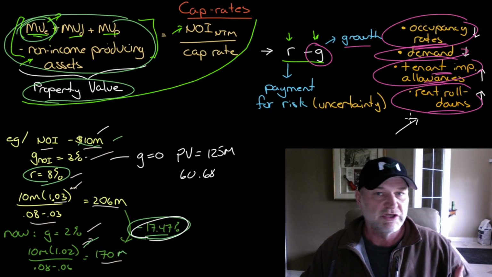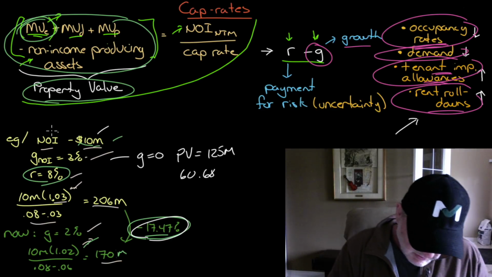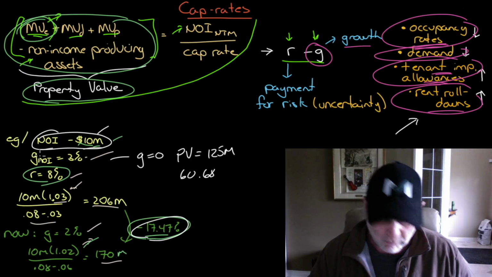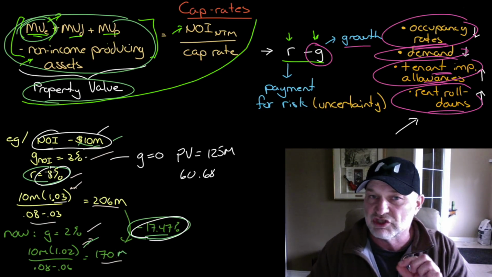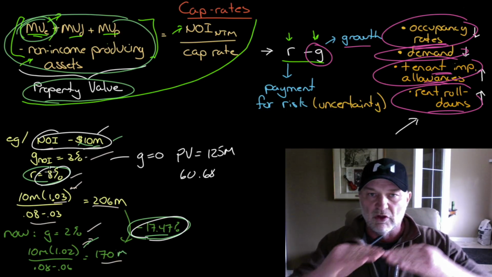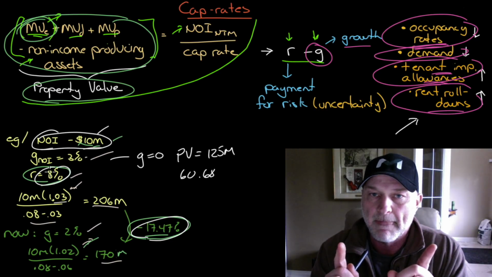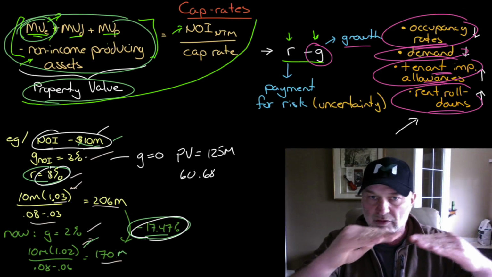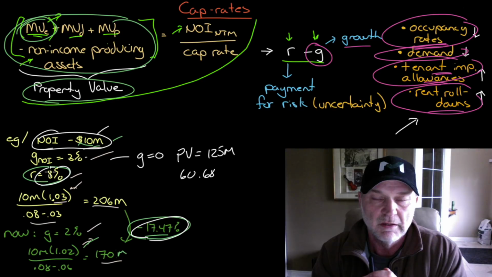If we assume G is 0, again, we've assumed net operating income will stay constant at 10 million and not drop. We've assumed that risk will stay constant at 8% and not increase. We've just changed G. Now start to change everything else. Now assume lower net operating income, which, by the way, REITs have been reporting since late 2017, early 2018. Many REITs have been reporting lower and lower net operating income year over year.